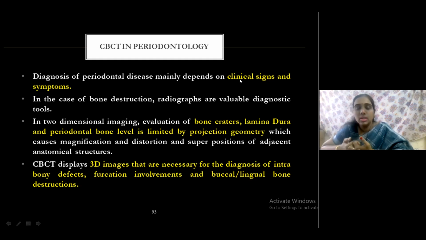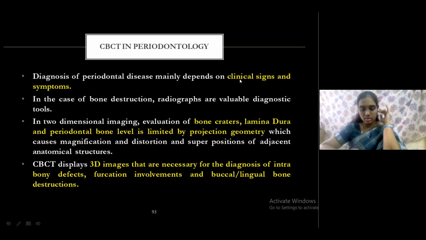In two-dimensional imaging systems, you will not be able to see bone craters or the lamina dura and periodontal bone level in limited projection geometry, which causes magnification and superimposition of the buccal and lingual sides. You will not be able to exactly know the position of the buccal and lingual cortical plates, and which bone level is less or more.